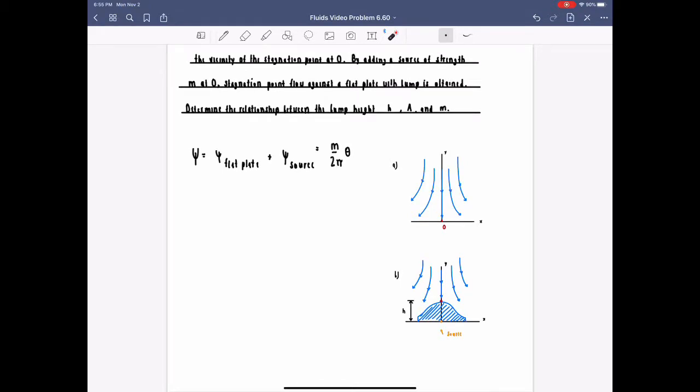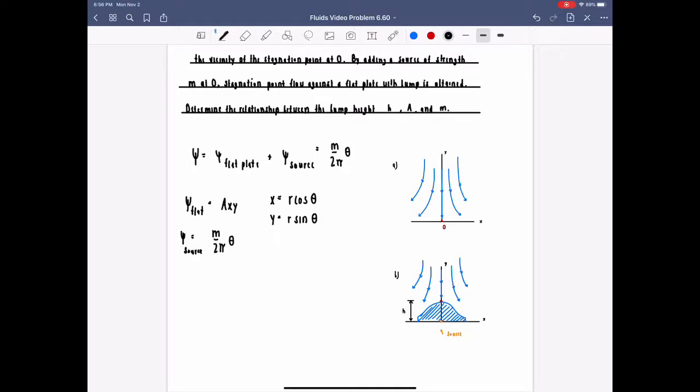So now we'll write out our actual two formulas. Flat plate is equal to axy, and in polar coordinates, x is equal to r cosine theta, where y is equal to r sine theta. And then we have this for the source, which is, like I said earlier, m over 2 pi times the angle theta.